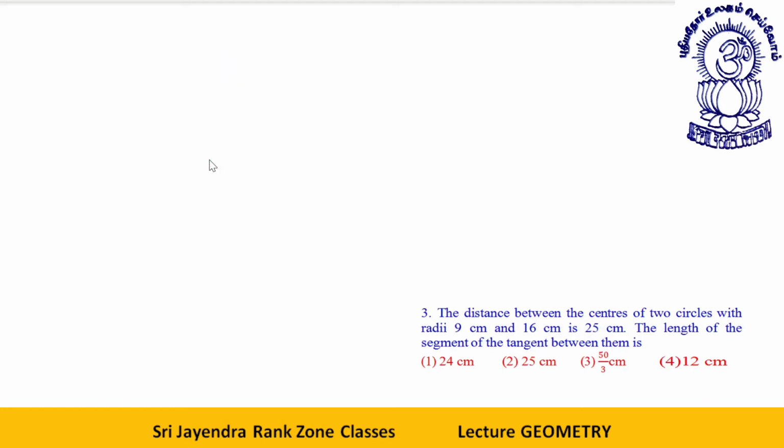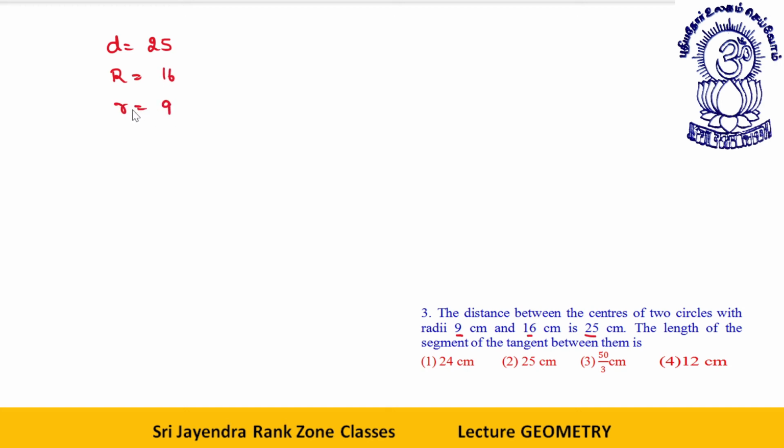Next one. The distance between the centers of two circles with radii 9 and 16 is 25. Now, dear students, you have d is equal to 25. You have one r as 16, the other r as 9.